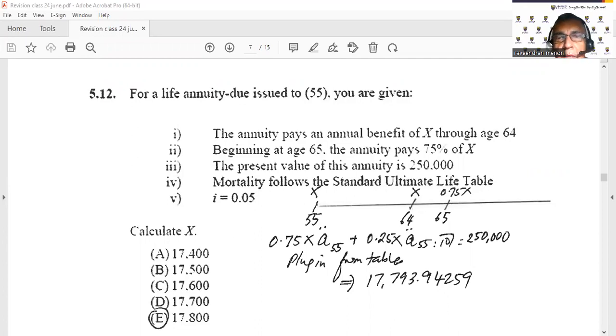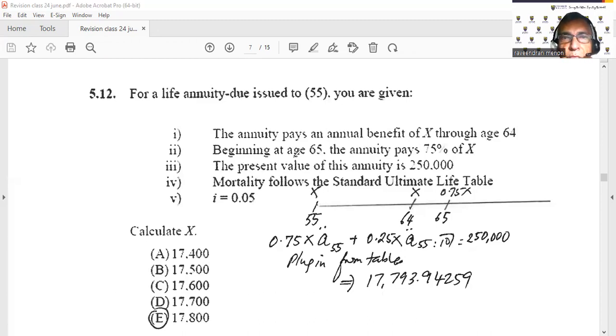Problem 5.12. Let's read the question. We have a life annuity due issued to somebody aged 55, and you're given the annuity pays an annual benefit of X through age 64.